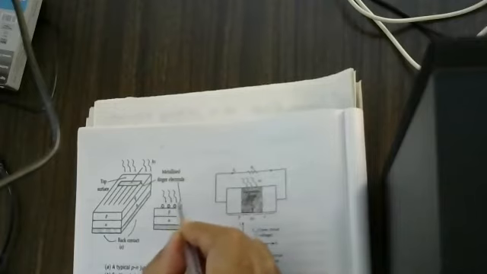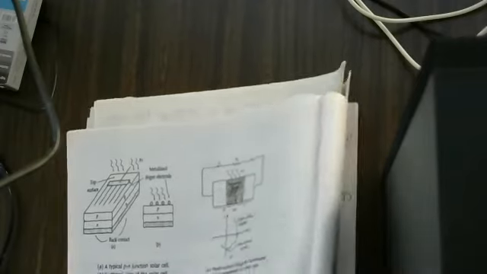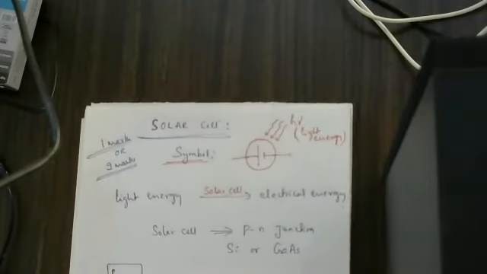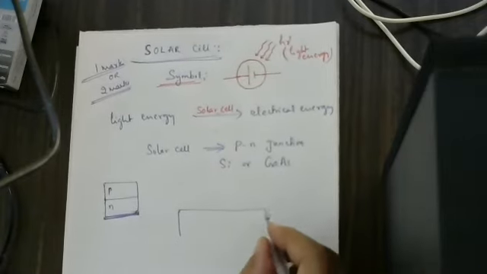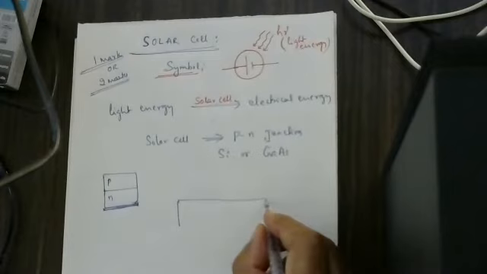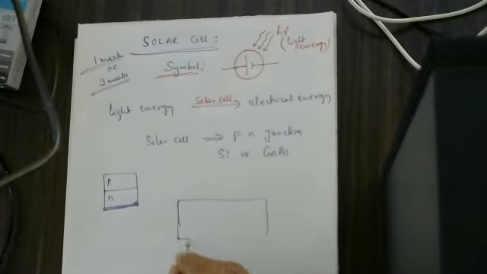Now, the light energy is incident on the P, passes through the P, and is incident on the PN junction here. This is the PN junction, and this is the charge depletion region.